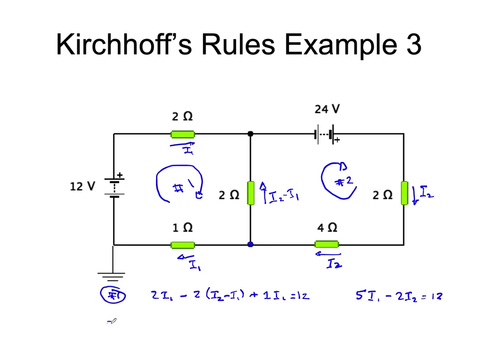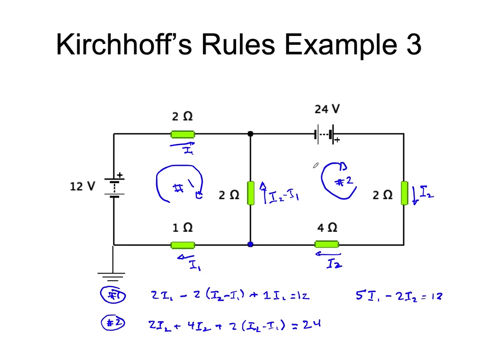And now for loop number 2, let's start at this resistor right here. That's going to give me 2I2 plus 4I2, that's a bottom resistor, plus positive 2(I2 minus I1), because I'm going through in the direction I guessed it, equals the battery voltage, which is positive 24, because I'm also working in the direction.